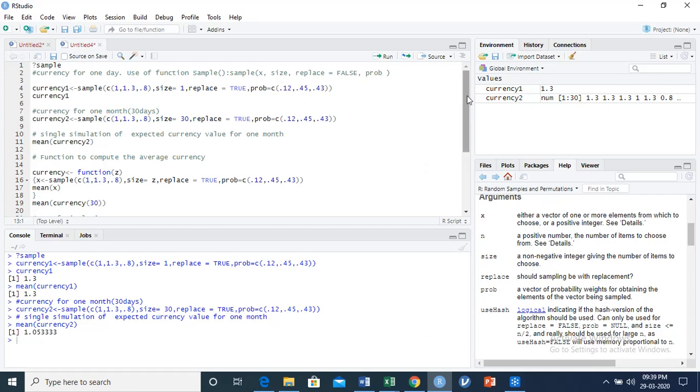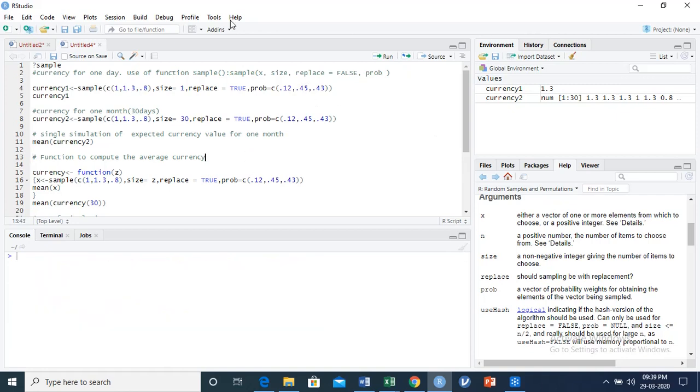Now, basically we first try to calculate the currency value for a single day, and that's why we are using the sample function here. So this is the sample function.